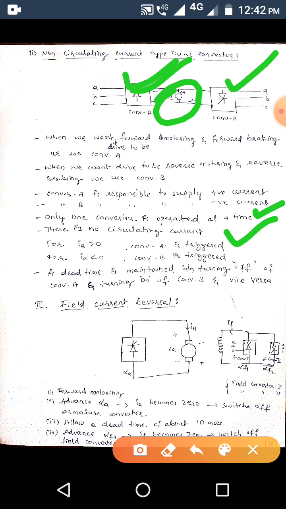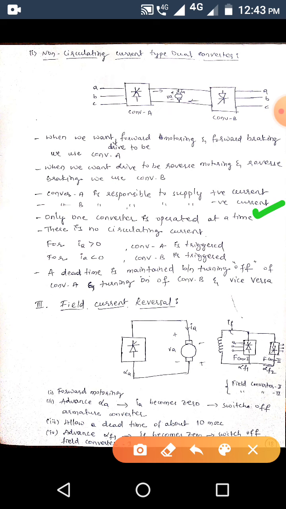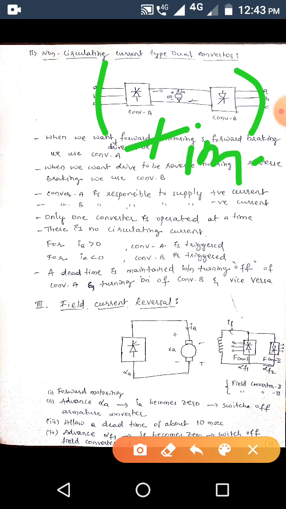Then a dead time is maintained between the turning off of converter A and the turning on of converter B, and vice versa. How much time converter A has to operate and how much time converter B has to operate depends upon the dead time.